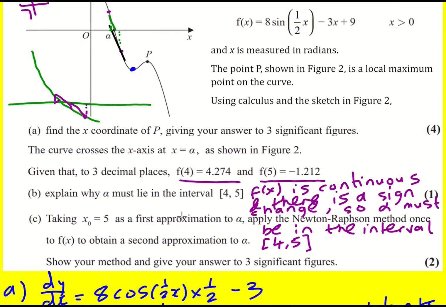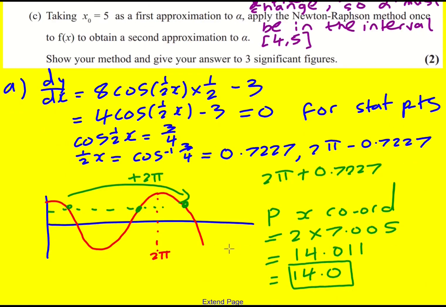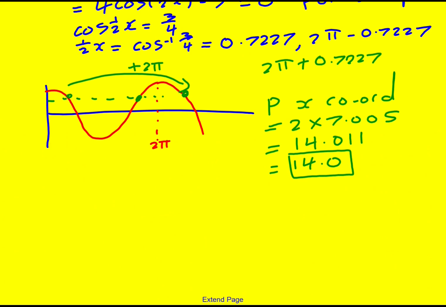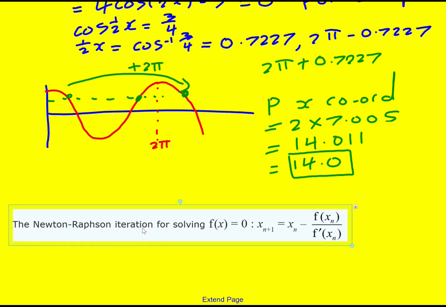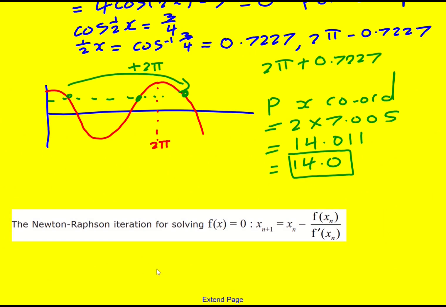You don't have to worry about any of that because there's a formula that does it all for you, but that's how the formula is derived. So I want you to have an understanding of how the Newton-Raphson method works. It's a different iterative method to fixed point iteration. Okay, so we've got f of x equals 8 sine a half x minus 3x plus 9, I think.